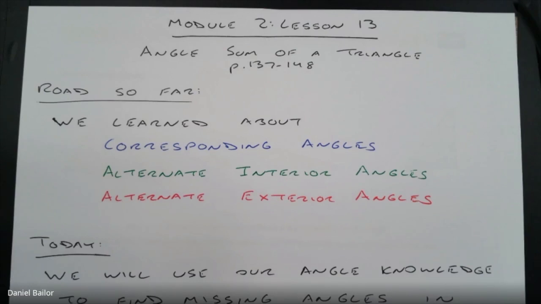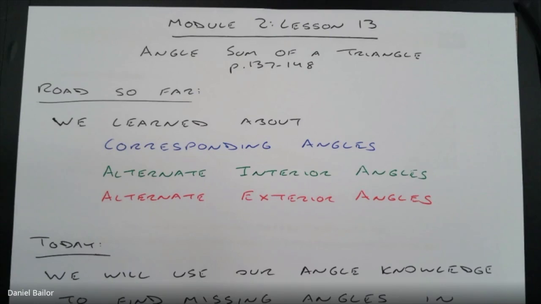And we learned about how corresponding angles are congruent, alternate interior angles are congruent, and alternate exterior angles are congruent. And we learned how to prove those with translations and rotations. So those are the rules, the laws we learned in the last lesson, which angles in a diagram are equal.